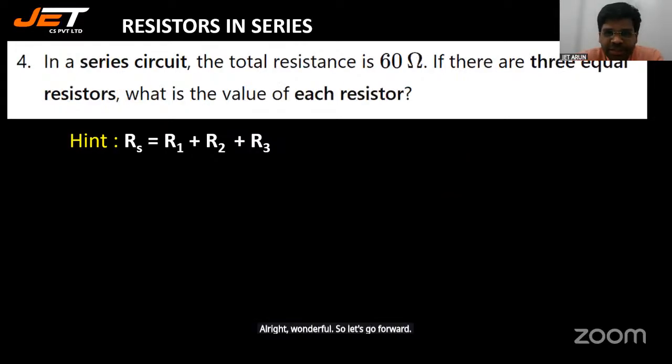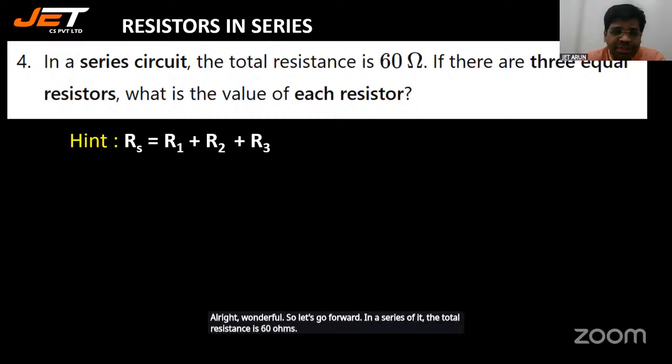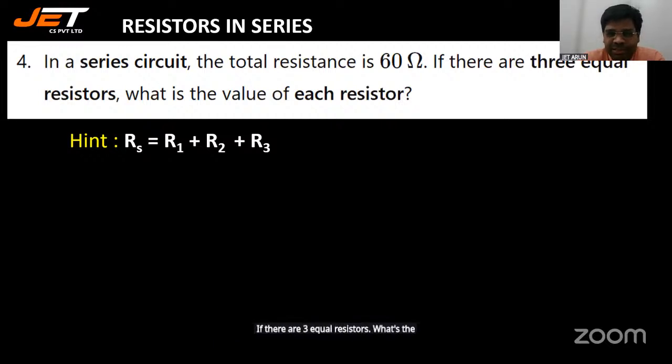In a series circuit, the total resistance is 60 ohms. If there are three equal resistors, what is the value of each resistor? Interesting. Earlier, resistors were given and we had to find the equivalent. Now the equivalent resistance is given and we have to find each resistor. What additional condition is given? Yes Rahul, good, you're the first one to answer.